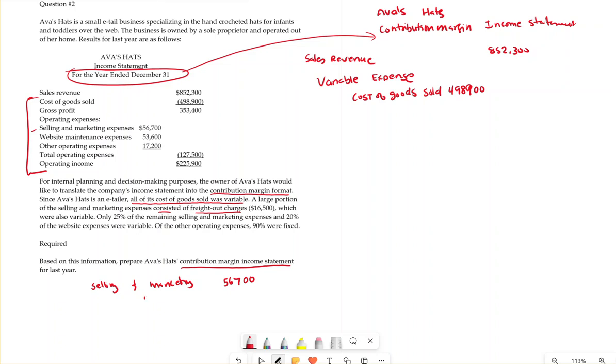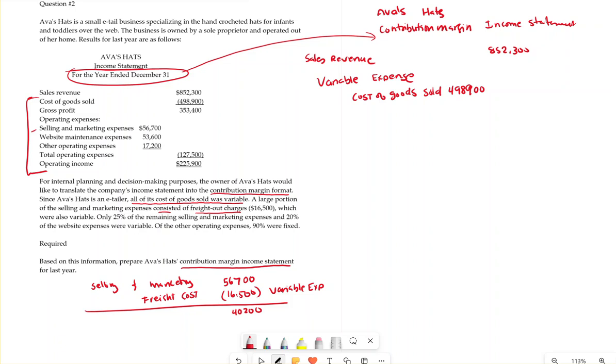So we have to take out the freight first, and freight is also a variable cost, 16,500. And then we're left with 40,200. So this is also my variable expense, so we need to incorporate it in there.